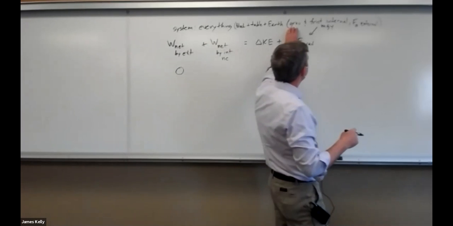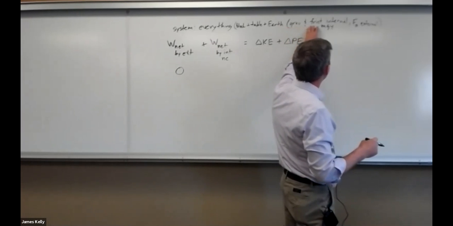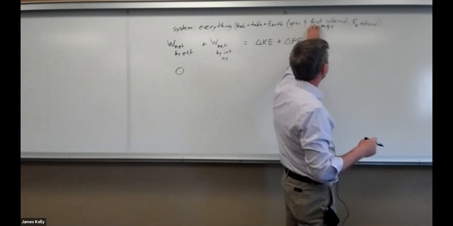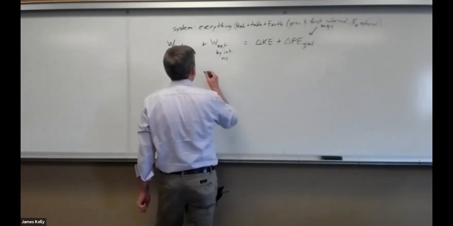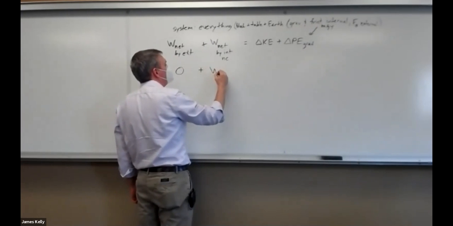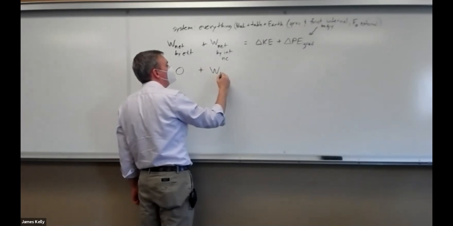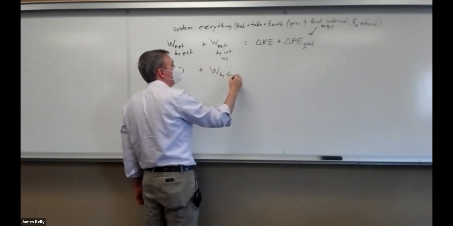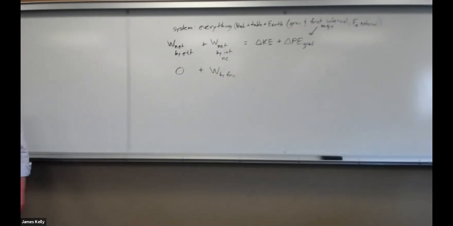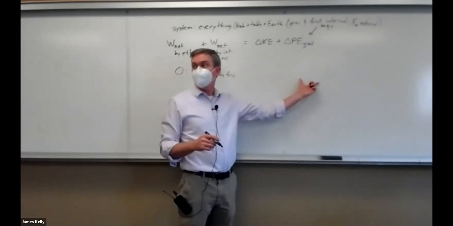Well, I've got gravity here, that's conservative. I've got a friction force, that's an internal non-conservative force, and that's the only one. So I could just relabel this as the work done by friction. And that's what we want in this problem, right? Isn't that what the question is asking? So if I can calculate the right-hand side, I'm done.